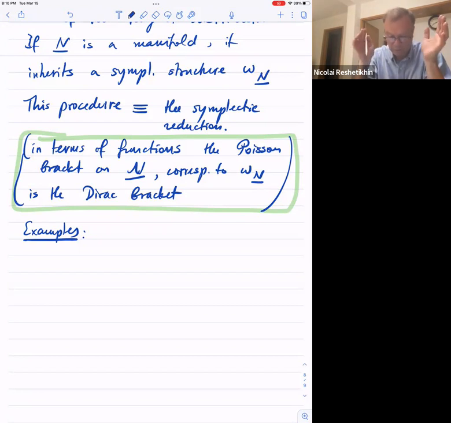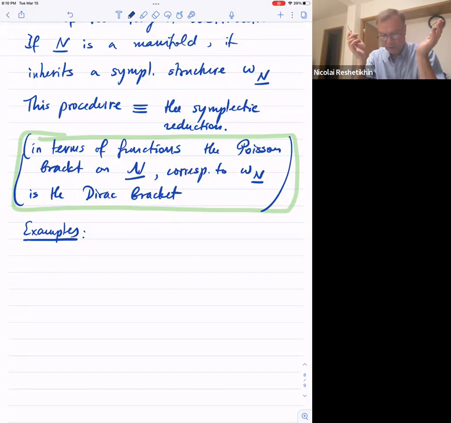So in some sense, this is a step further. It's when we constrain not only coordinates, but also momenta. This way we can obtain rather complicated symplectic manifolds. And symplectic reduction is one of the machines that produce these more complicated symplectic manifolds.